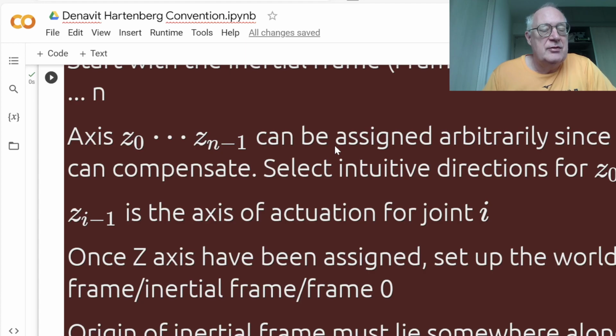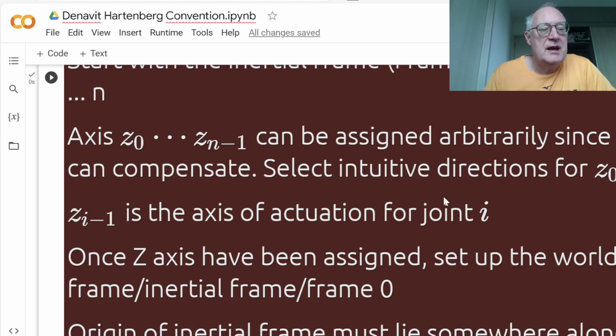The axes could in theory be assigned arbitrarily, but we assign them as the axes of actuation for the various joints.